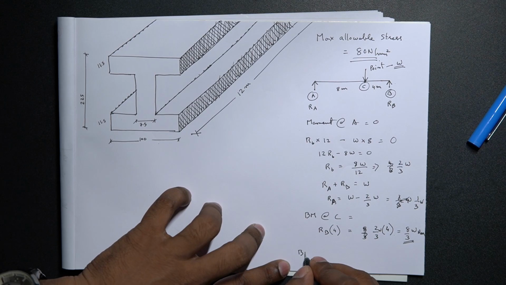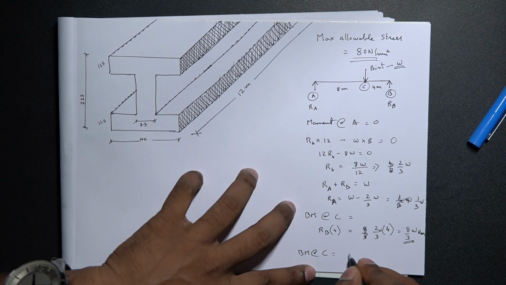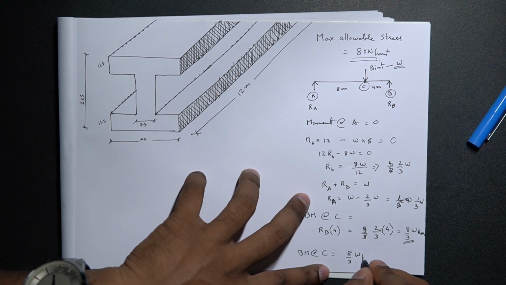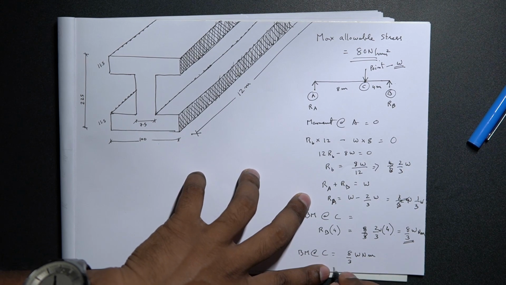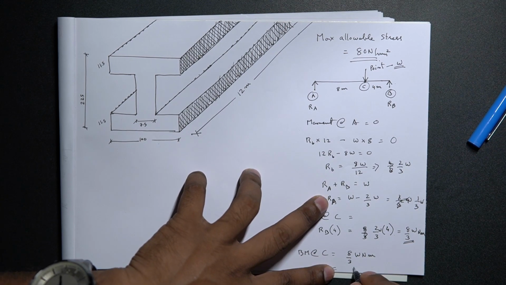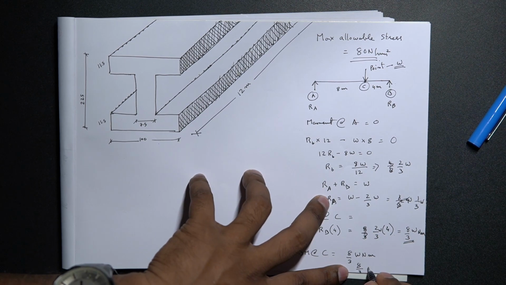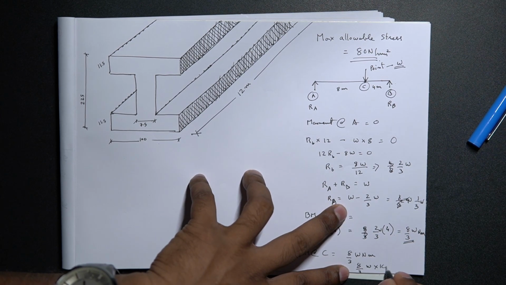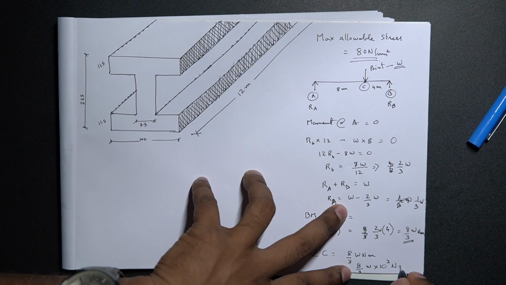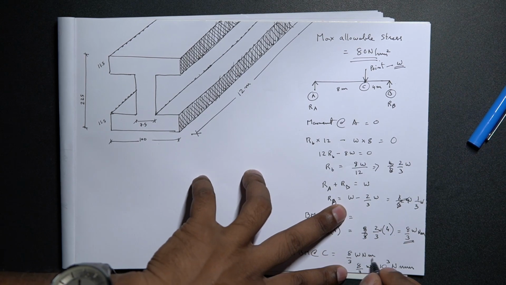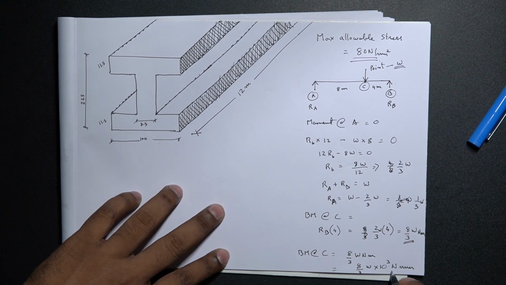So the bending moment at point C is equal to 8 by 3 W Newton meter. We can convert that into Newton millimeter, which would be much more convenient for solving further. So 8 by 3 W into 10 power 3 Newton millimeter. I just converted meter into millimeter by multiplying by 10 power 3.